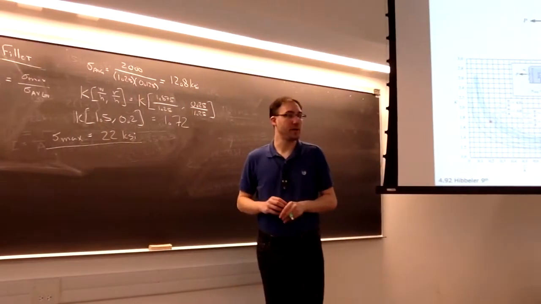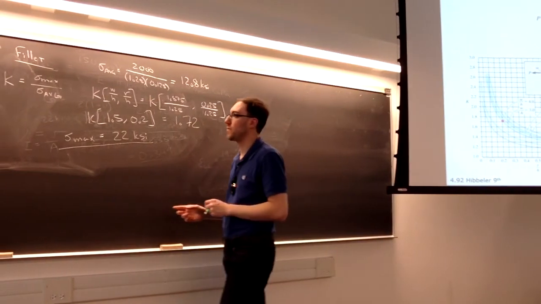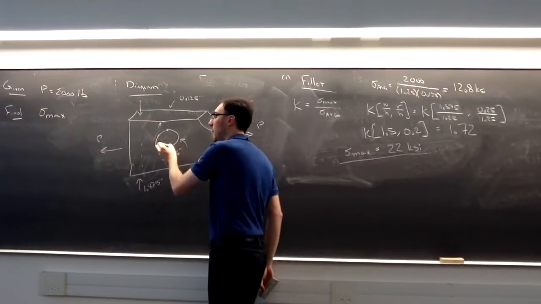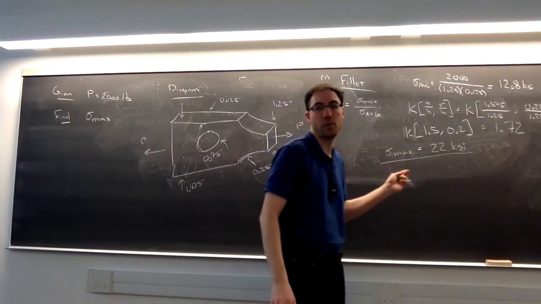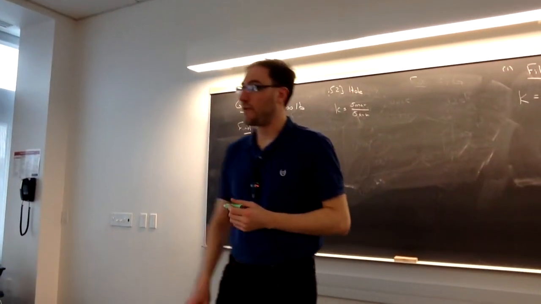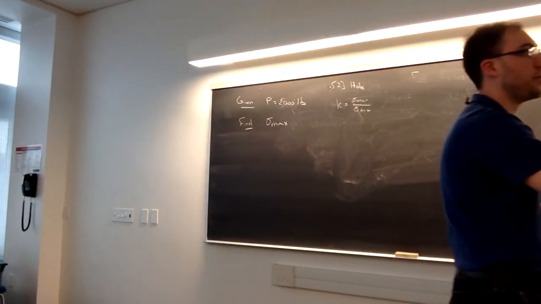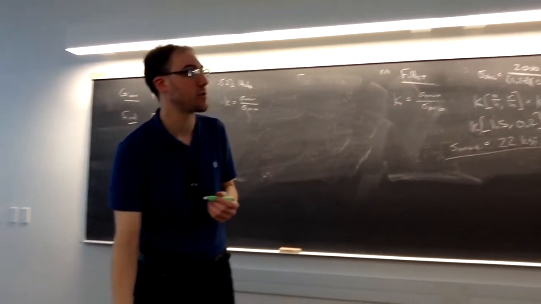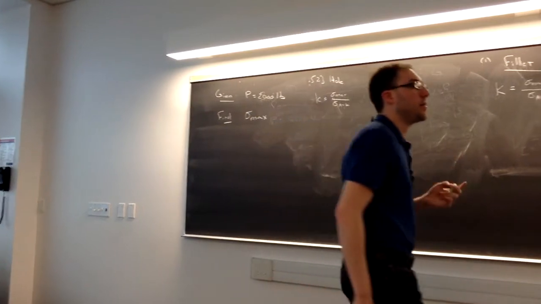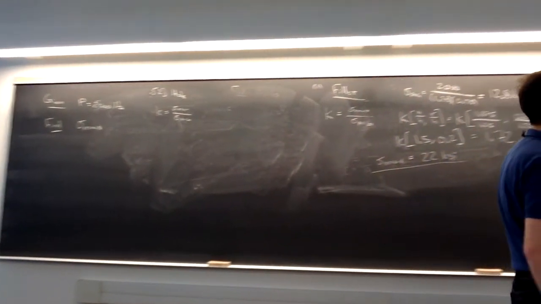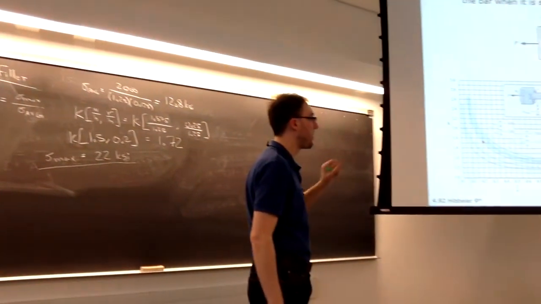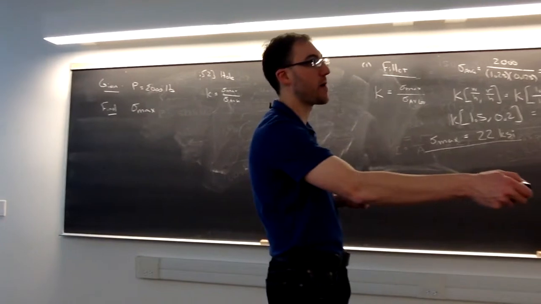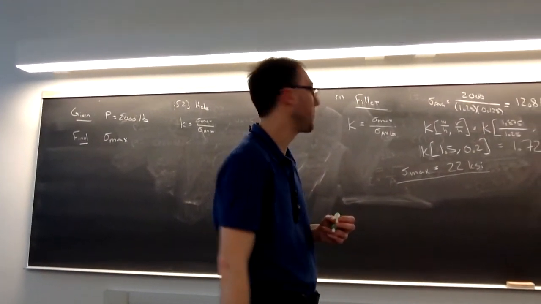At the fillet, we find 22 KSI, but we also have to be concerned about what the maximum stress at the top or the bottom of the hole is going to be, because it could be more than the 22 KSI. For the hole discontinuity, we're now going to this picture because this is the appropriate K chart for a center drilled hole. To calculate the average stress, they want us to use P over W minus the diameter of the hole times the thickness, the smallest cross-sectional area through the hole.